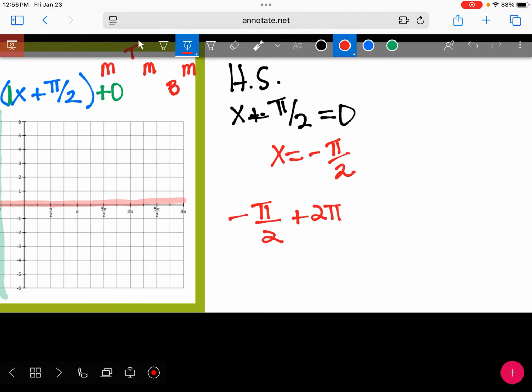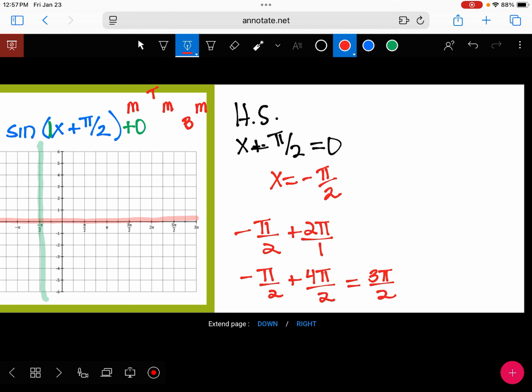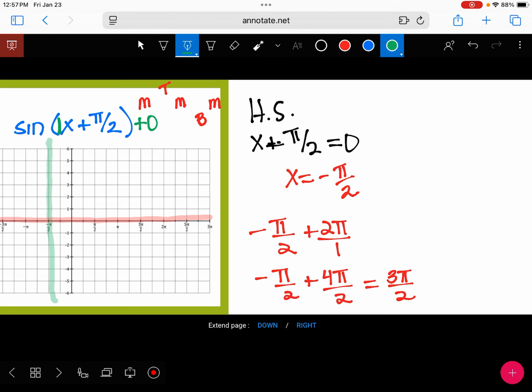All right, which means I would have negative pi over 2 plus 4 pi over 2, which would equal what? Three pi over 2. So I'm going to put my ending wall at 3 pi over 2, which would be here. So that is the mathematical reason why we end there.